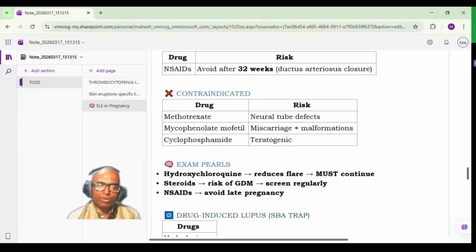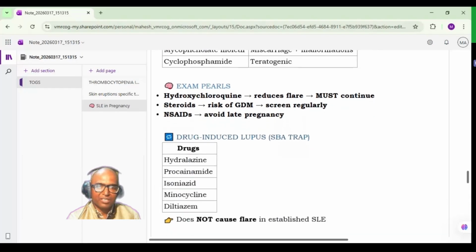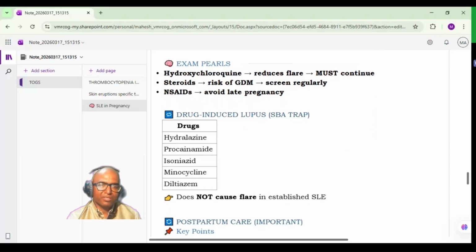Okay, so hydroxychloroquine will reduce the flare and you must continue it. Steroids, there is a risk of GDM, so screen these patients for GDM, and NSAIDs are to be avoided in late pregnancy.